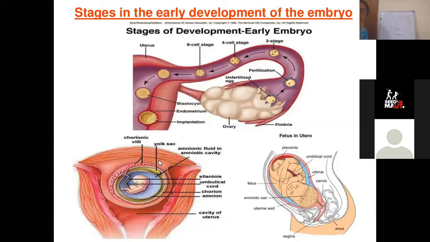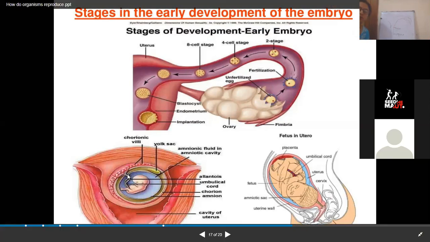This is how fertilization takes place. Over a period of time, the zygote will multiply to form the embryo. Then the embryo will develop an umbilical cord with the placenta so that the nutrients, and even the waste, will move between the body of the fetus and the placenta, right?